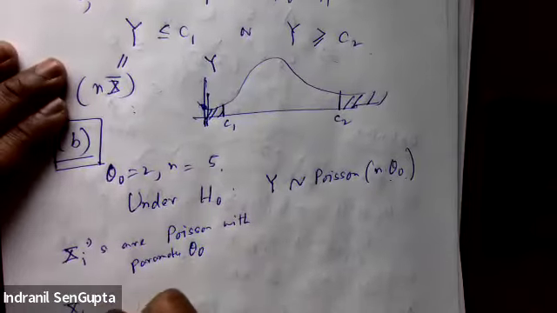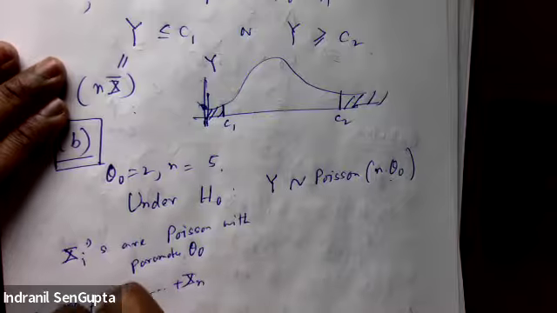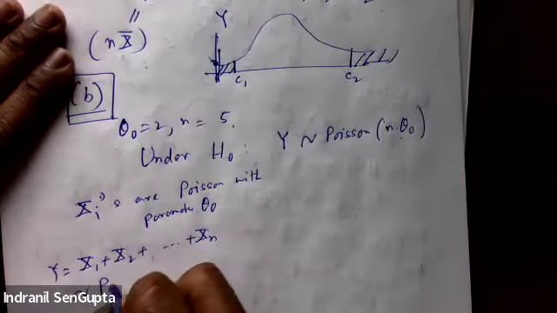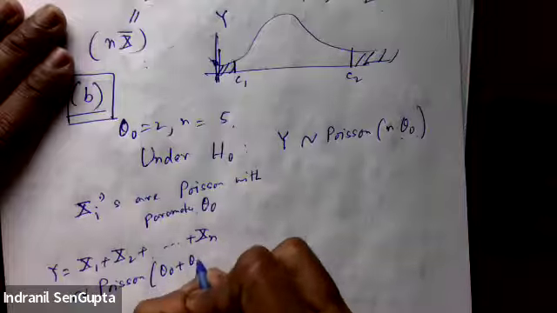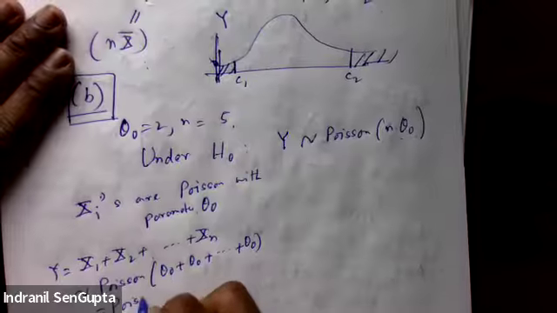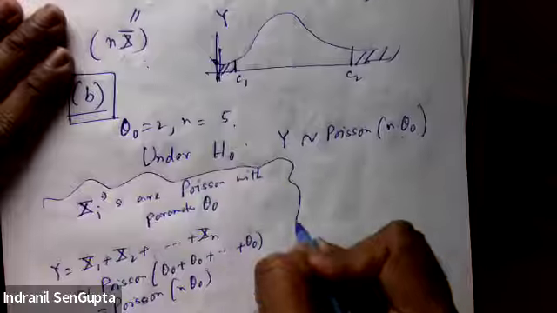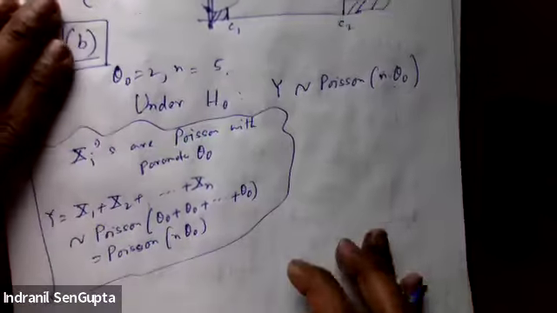And then x1 plus x2 plus up to xn, that is my Y. So they are a sum of IID, so it will be a Poisson with parameter theta 0 plus theta 0 plus theta 0, which is Poisson n theta 0. So that's what we are using. The sum of independent Poissons is Poisson. So under the null hypothesis, that's the case.